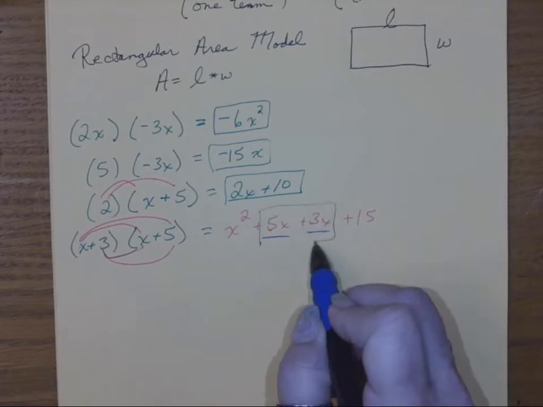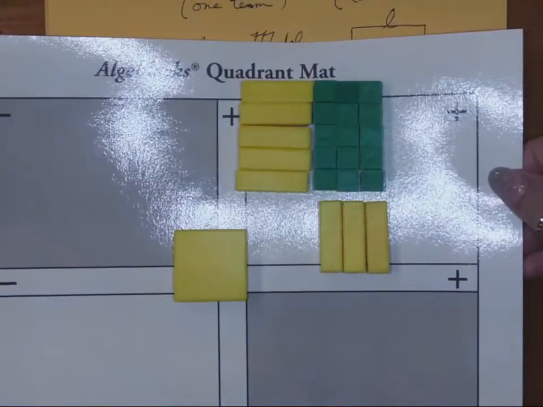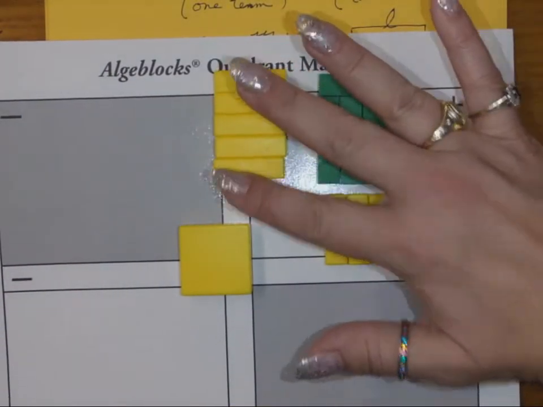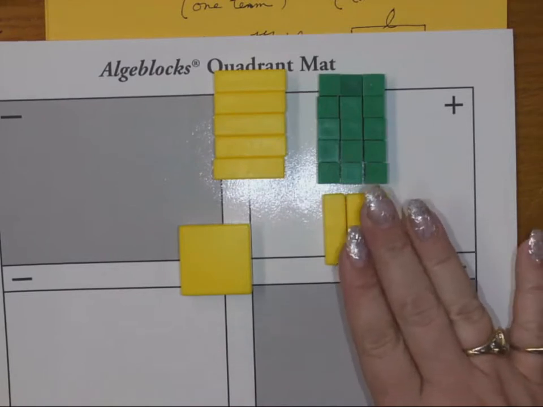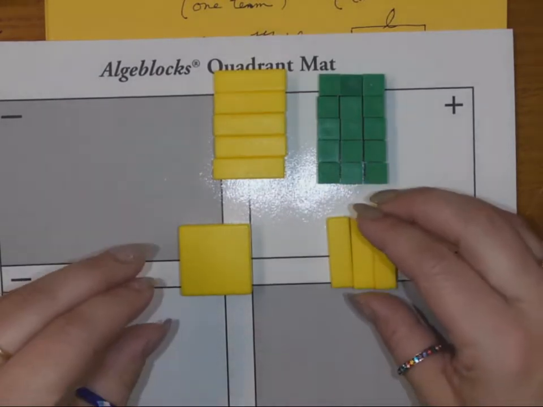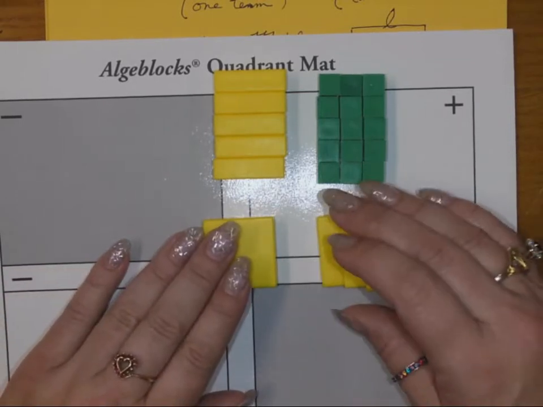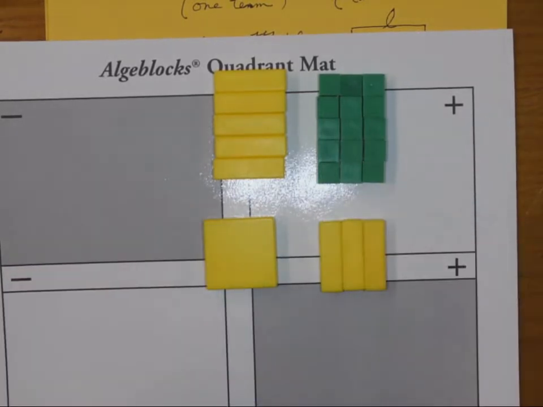Okay, we're going to combine those like terms in a minute, but before we do that, let's look again real quickly at my model. There was a 5x, right? And there was a 3x. So remember what I said earlier, all of your smaller rectangles should line up. Not only should they line up, but they should represent your partial products.